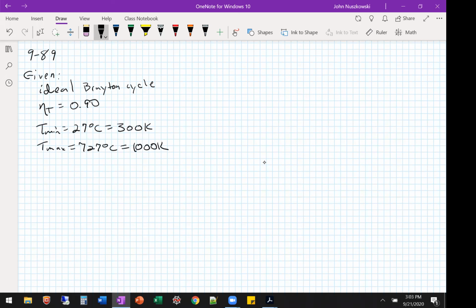Then they have a max and a min pressure. So the max pressure is 2000 kPa and the min is 100 kPa. And it's constant specific heats.